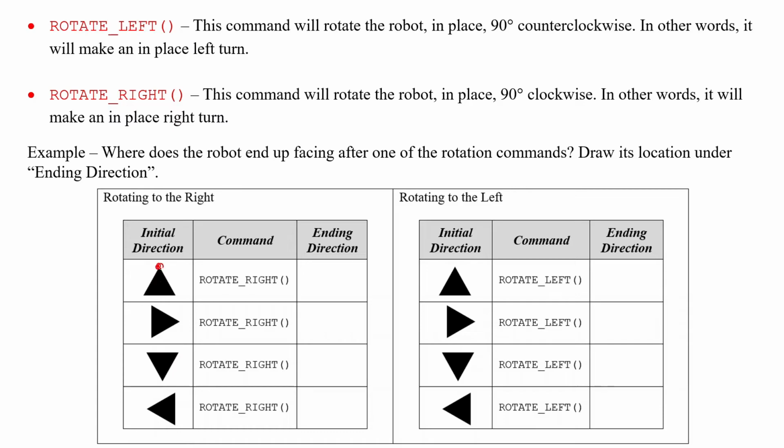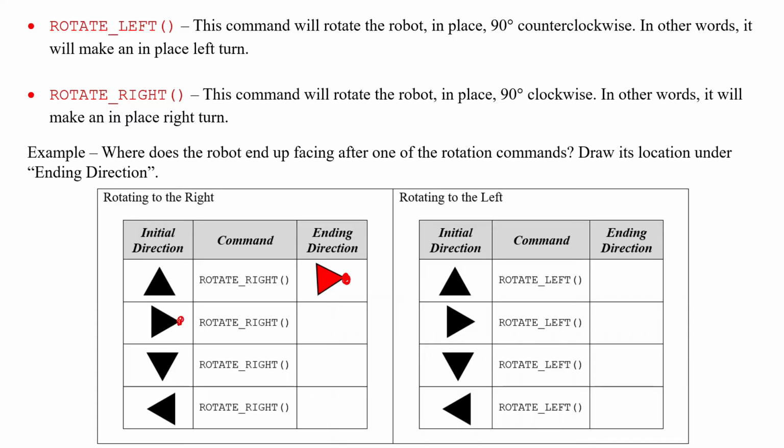Okay, this is the direction. I want to draw the grid similar to this. Okay, so if I rotate to the right, that means I'm going to rotate 90 degrees to the right. So if I'm facing up or facing forward and I want to rotate to the right, I'm going to rotate 90 degrees and face off to the right side. So ending position, I am over here facing to the right.